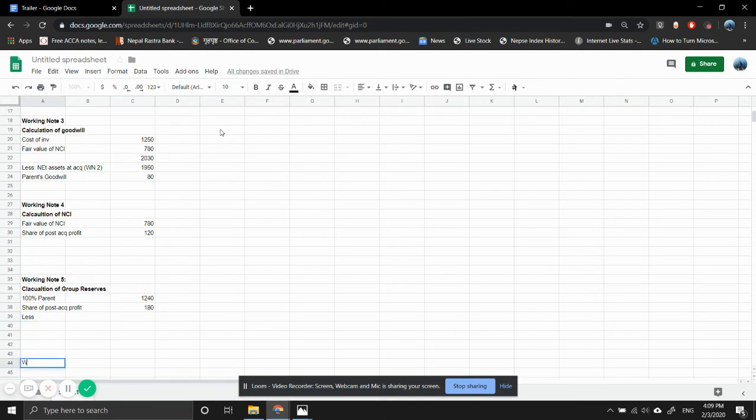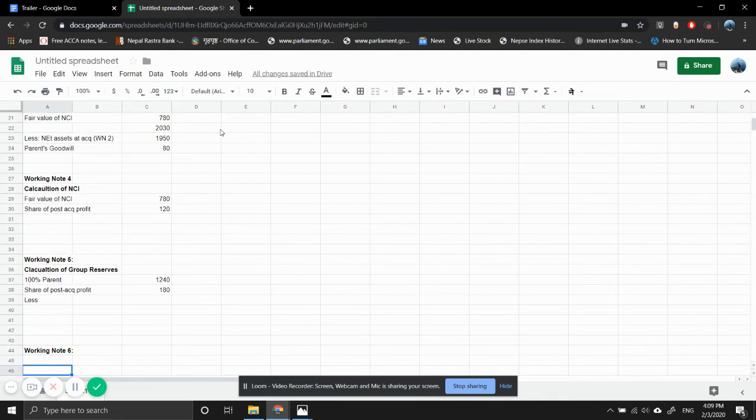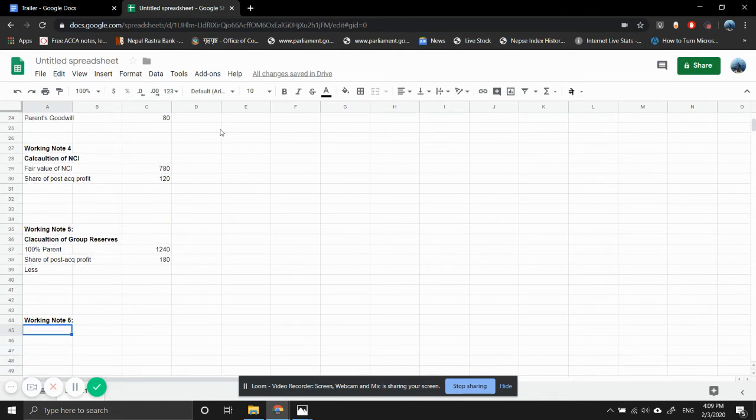Working note, let's keep a bit of gap. Working note 6, other component of equity. How did it change?